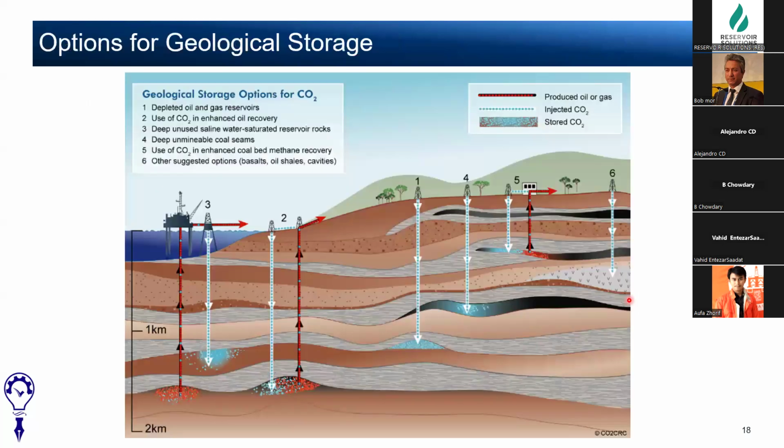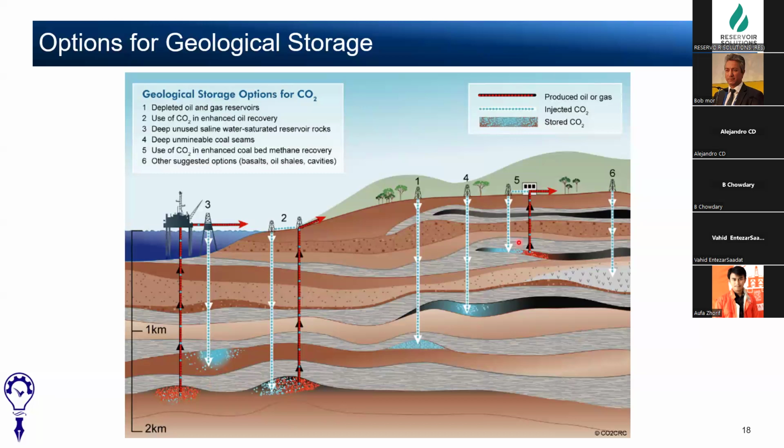So again, what I mentioned were the main options, but we have other options as well. For example, the first one, as you can see here, is depleted oil and gas reservoirs. The second is using CO2 for enhanced oil recovery. The third is storing CO2 in saline aquifers. The fourth is storing CO2 in deep unmineable coal seams.